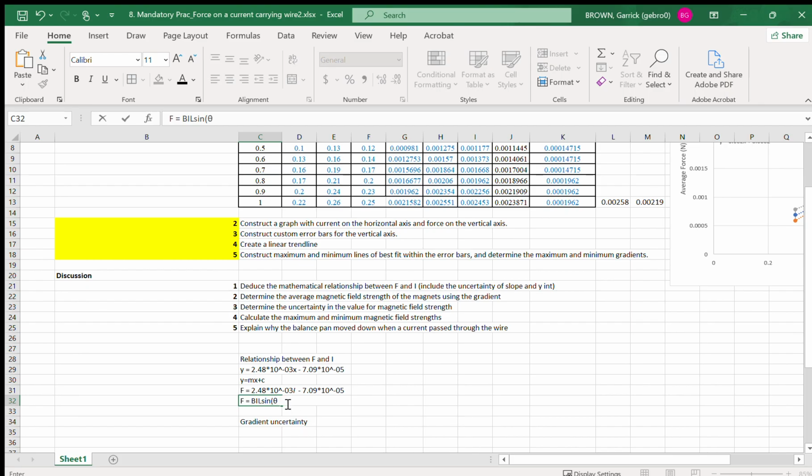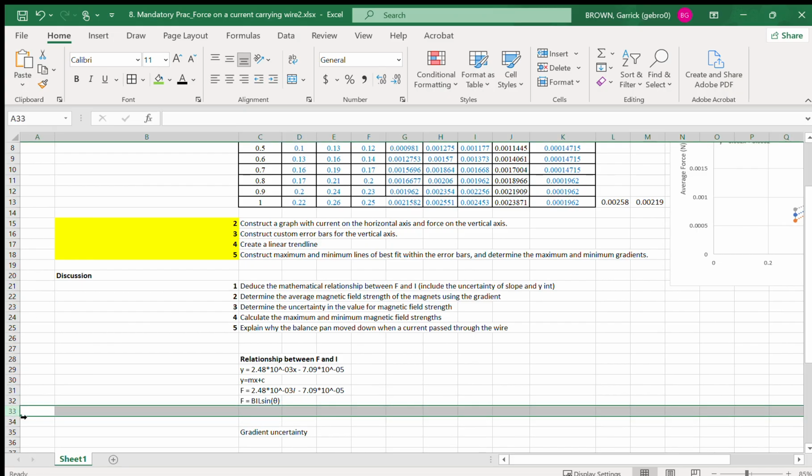Now, in this instance, our theta, our angle that the wire is being affected in the magnetic field, the theta is 90 degrees, okay? So that's just going to be equal to 1.